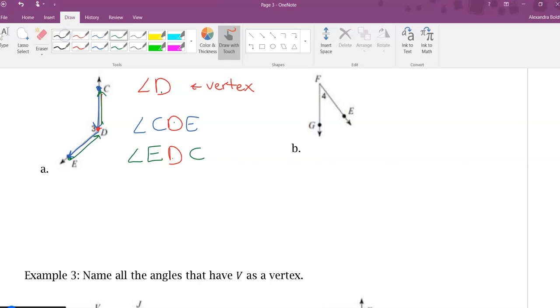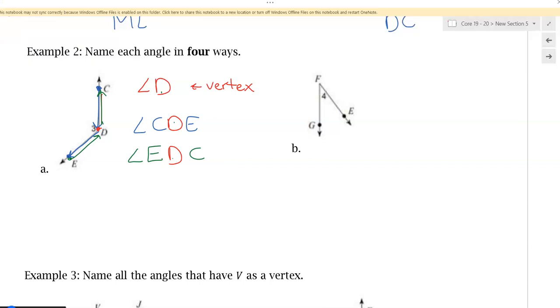The last way, which isn't very common, and we're probably not going to use it much, but we can use the number that's in the middle. We could also call this angle 3. If you notice in all of them, I put the angle symbol before any of my letters. So if you're naming an angle, you have to put that angle symbol first.